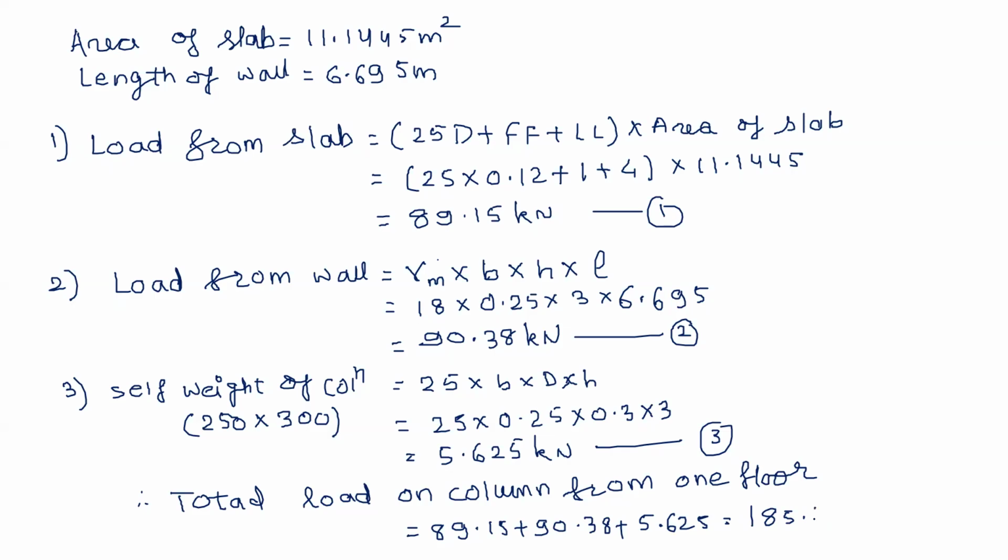185.155. So a little bit here and there you can consider. But add 1 plus 2 plus 3, 185.15 kilonewton. Now we have G plus 2 storey, means we have 3 floors. So assuming terrace slab load equal to floor slab load.